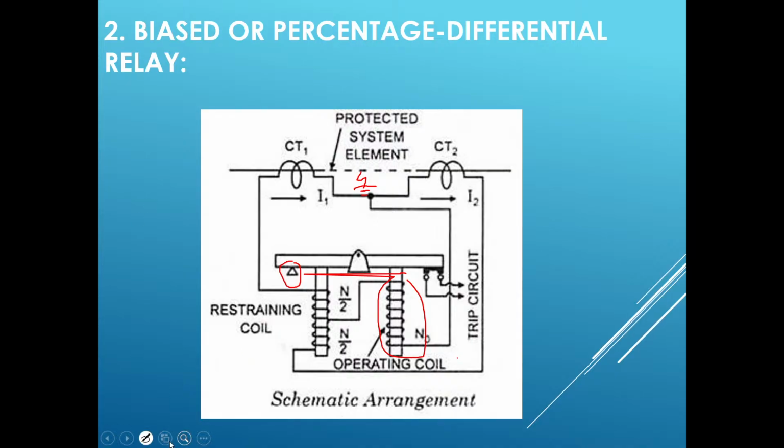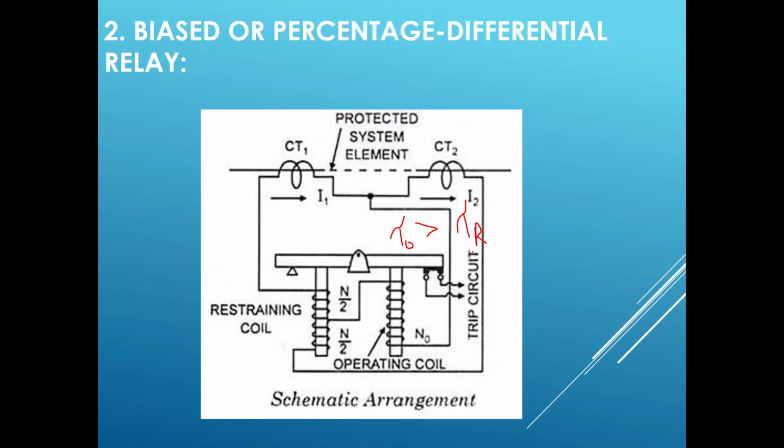So the torque developed in the operating coil will become greater than the torque developed in the restraining coil, that is tau r. So tau naught will become greater than tau r.